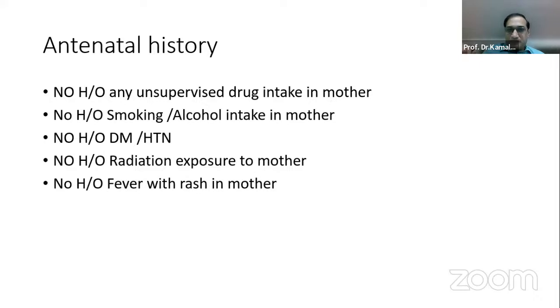So can you hear the question? No, sir. Congenital rubella syndrome, in which trimester does the infection cause fetal abnormalities? First, second, or third, or are all three of them? Not sure, sir.